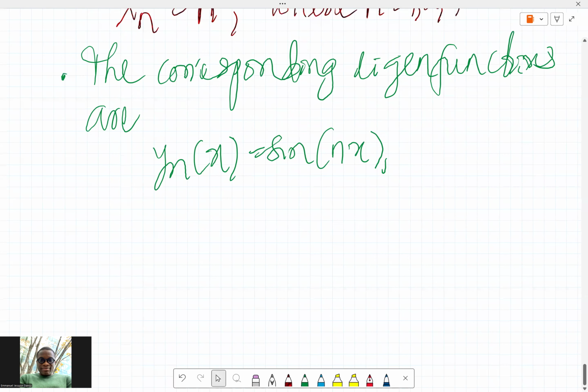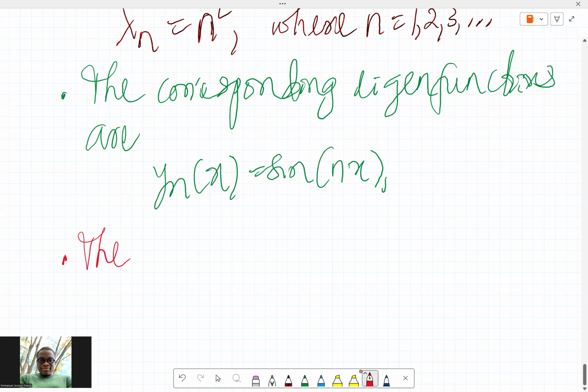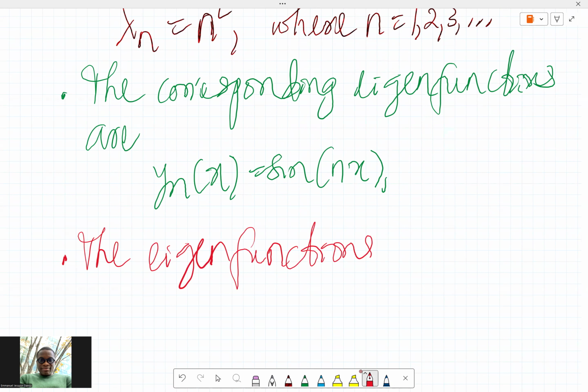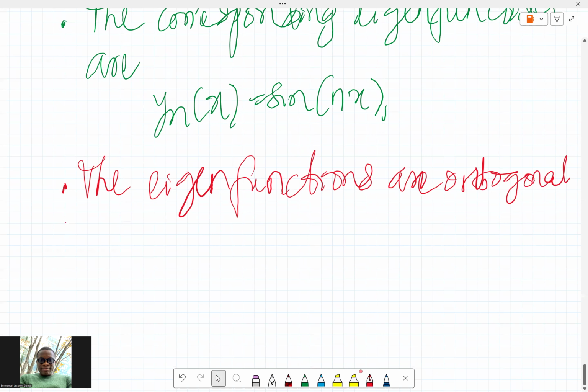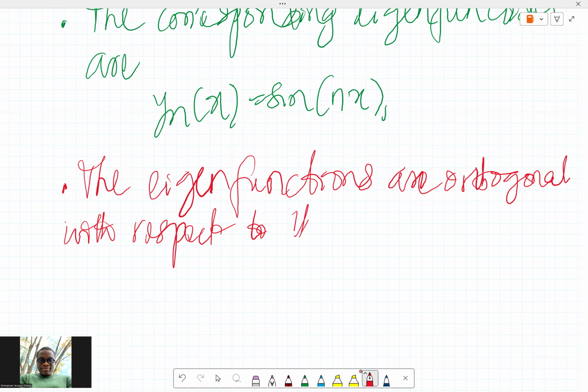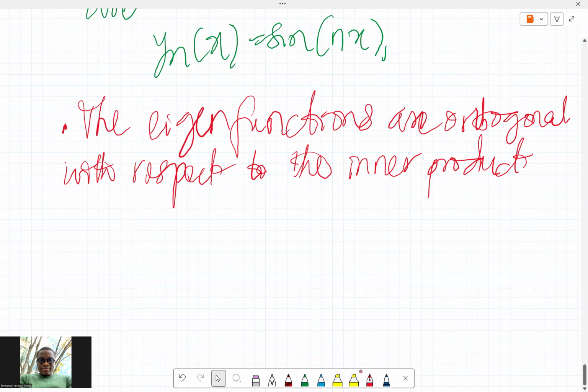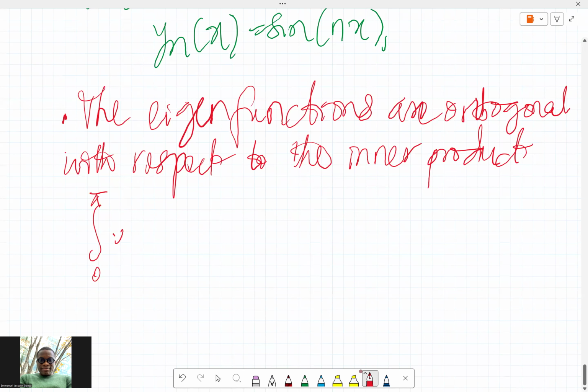Okay, then we have the next, the eigenfunctions are orthogonal with respect to the inner product, that's the integral from 0 to pi of y_m of x y_n of x dx.